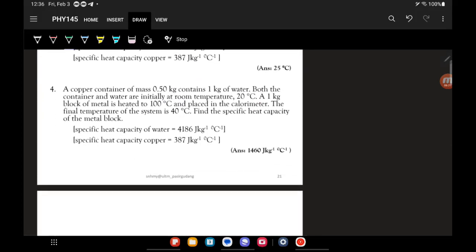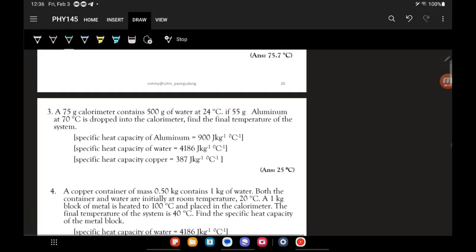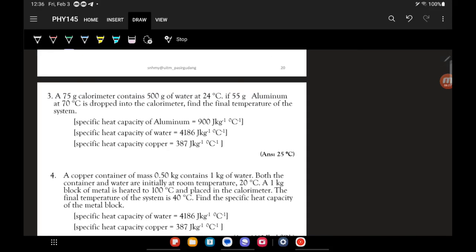Okay, let's try this one, which has a calorimeter. A 75 gram calorimeter contains 500 grams of water at 24 degrees. If you look here, you see it has a calorimeter, and it contains 500 grams of water.